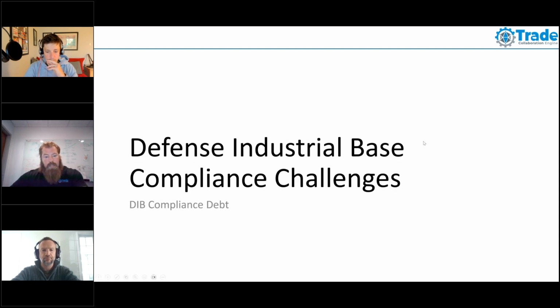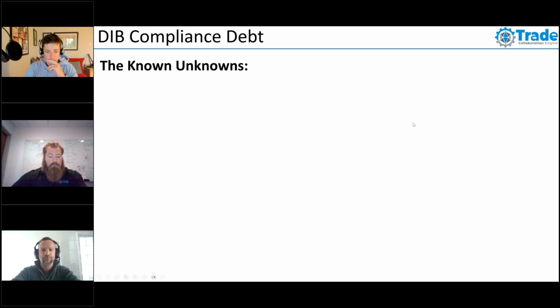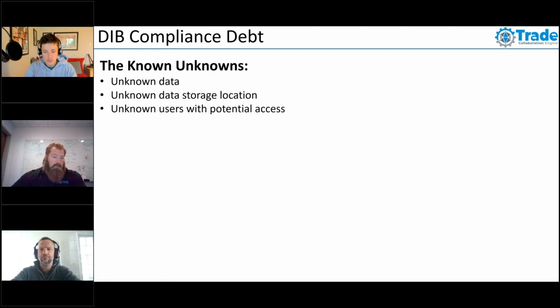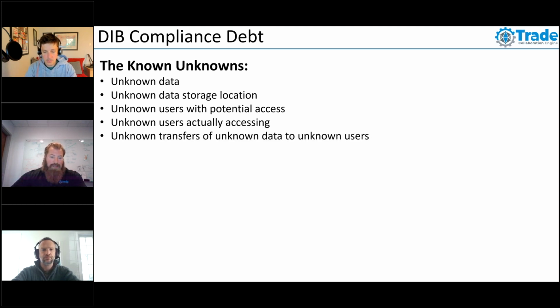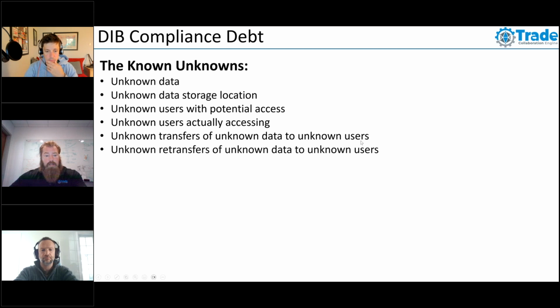So defense industrial base challenges, they really stem from something I refer to as DIB compliance debt and the known unknowns. It's unknown data in unknown locations, unknown users who can access, unknown users who are accessing, unknown transfers and unknown retransfers of unknown data to unknown users, and ultimately, is any of this authorized, right?